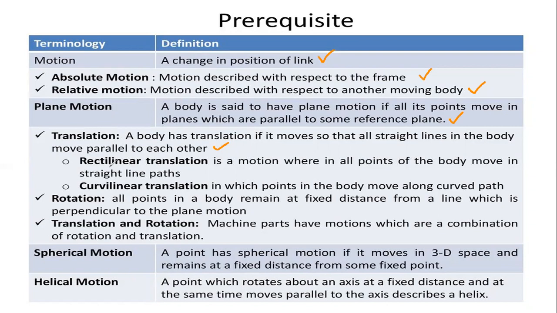In the rectilinear translation, all points of the body move in straight line paths. So that type of motion is called rectilinear motion.